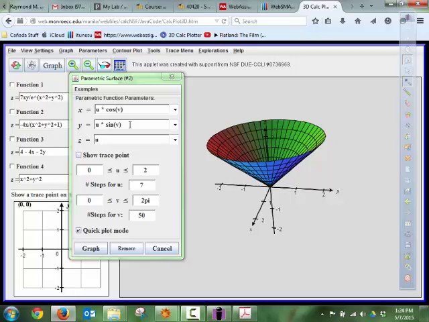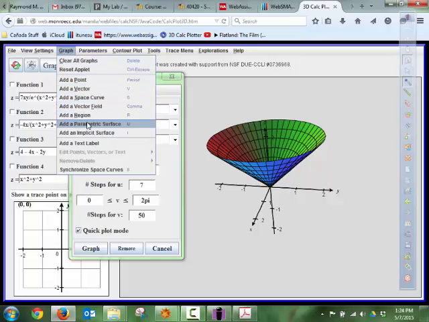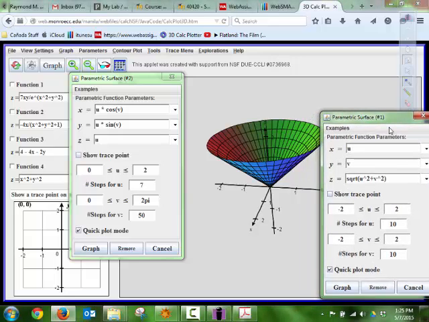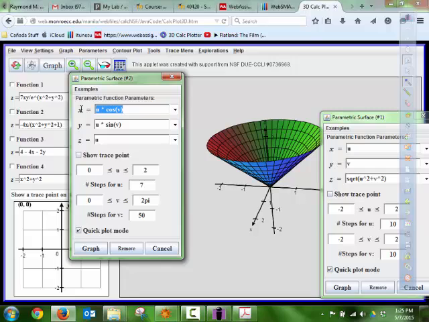Now, if I wanted to graph the shadow of this, what's this parameterization going to be? Just put a 0.